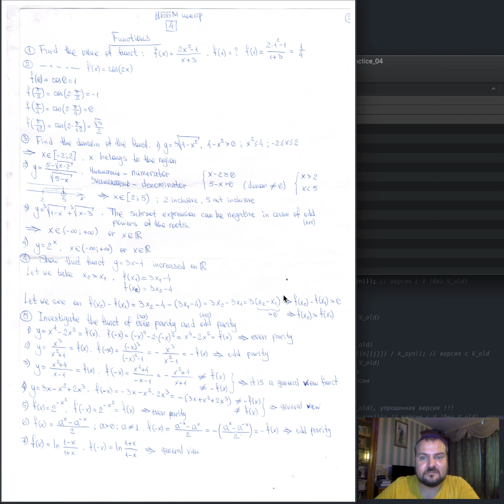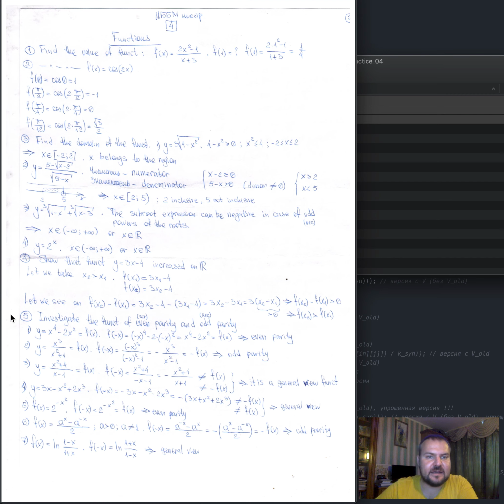And in that case, this value being positive, the value f of x2 minus f of x1 will be positive. Or in other terms, we can rewrite it that f of x2 will be greater than f of x1. If x2 is greater than x1 and then f of x2 is greater than f of x1, this is the definition of a strictly increasing function. You need to see the lecture again.